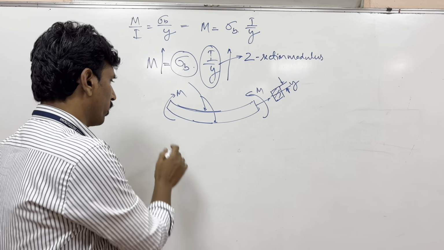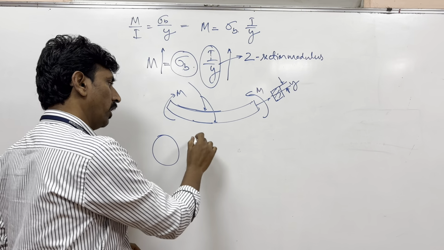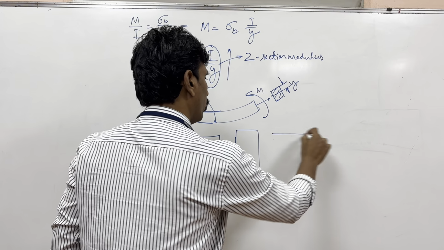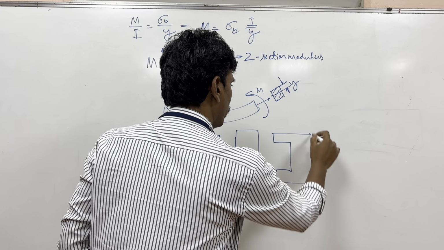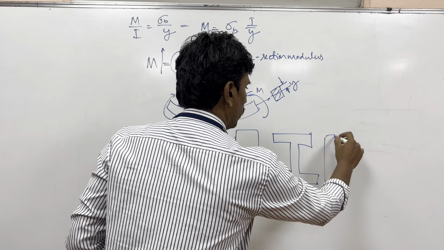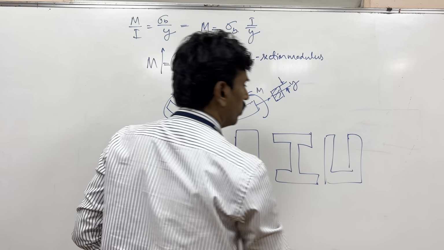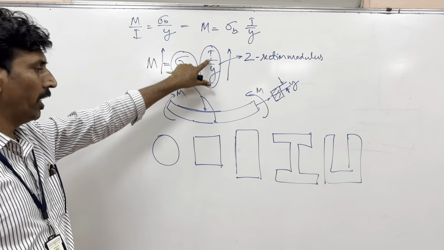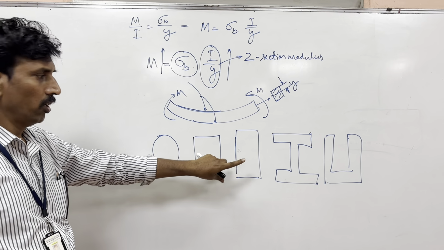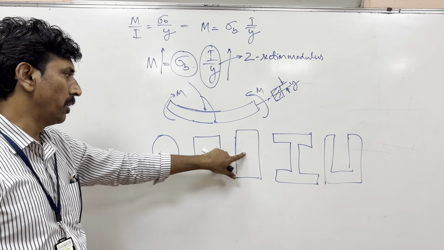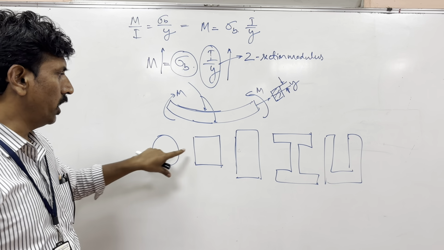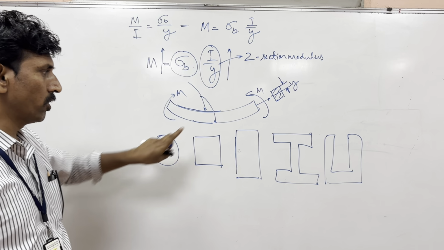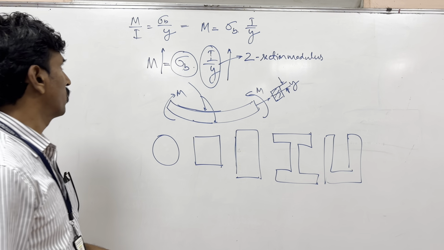Whether you go for a circular section, a square section, a rectangular section, an I section or maybe a U section is left to you. The value of I and Y can be found out for all the sections. You're already familiar with rectangular sections, that is BD cubed by 12. So we will see the values of I and Z for different types of sections now.